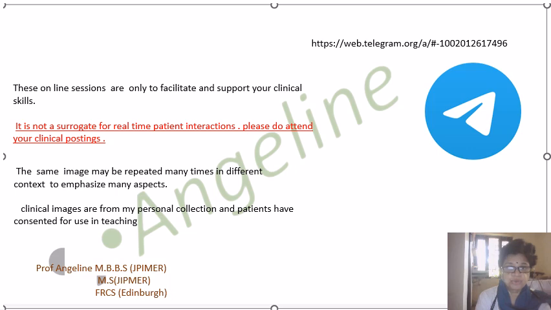Please don't outsource all medical problems to AI and think it is going to solve them for us. Not at all. As students, please invest a lot of time in gaining clinical skills. Thank you, and we can proceed with the rest of the presentation.